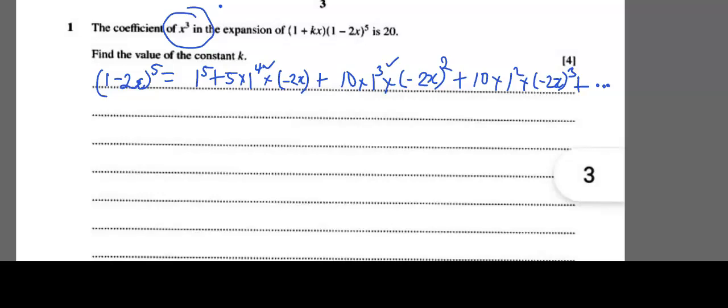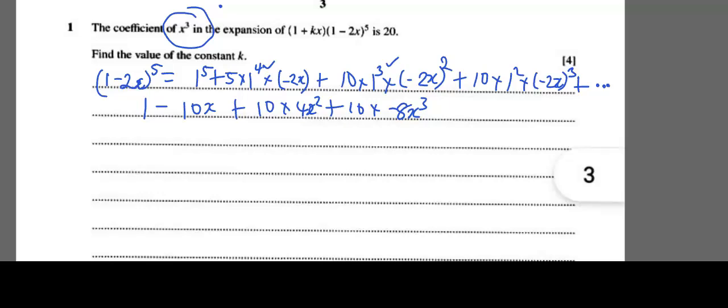So if we simplify this, we will have 1 minus, this negative 2 will affect the positive, so it becomes negative 10x, plus 10 times 4x squared, plus 10 multiplied by negative 8, when you open that up, 8x cubed.